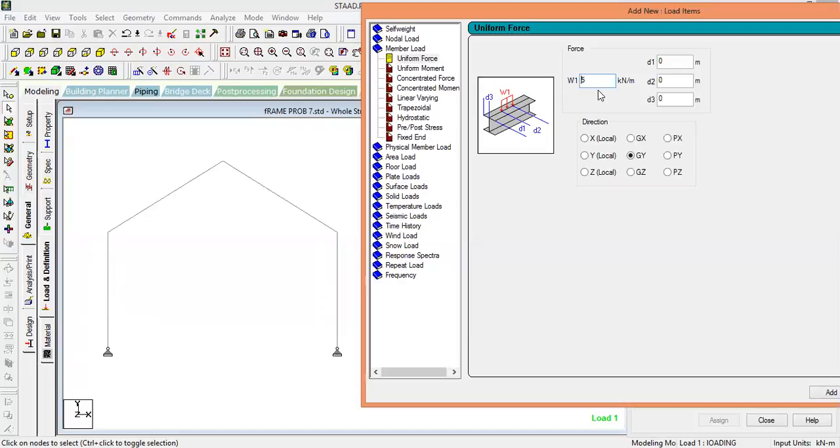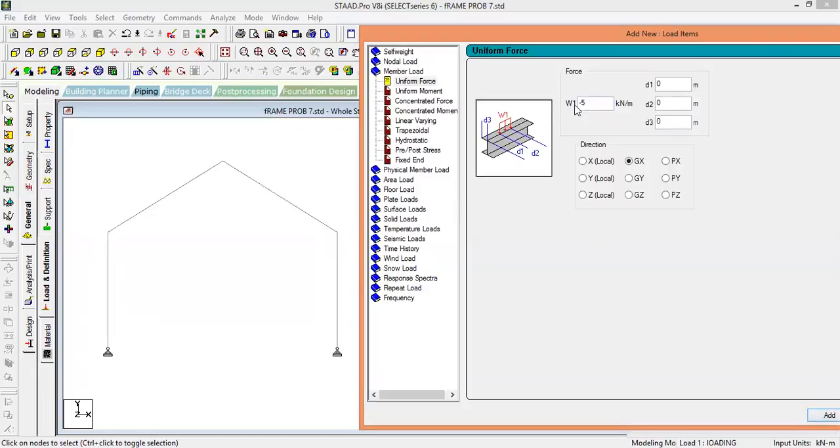Therefore, I will take minus 5 in the global x direction. Add. And to this side it is plus 5 because this was acting along the positive x-axis, correct? So it is global positive x direction. Add.